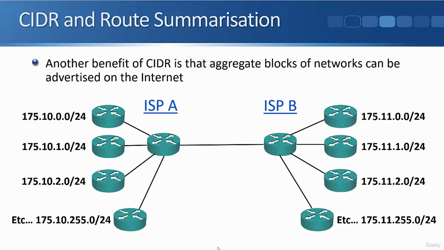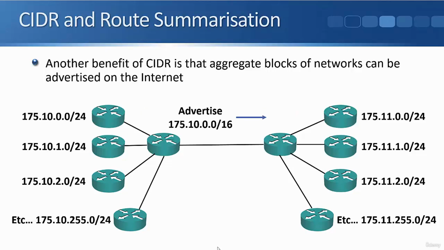Now, if we didn't have CIDR and we weren't able to do route summarization, ISP-A would advertise all 256 address blocks to ISP-B, and ISP-B would vice versa advertise all their 256 address blocks to ISP-A. But when we've got CIDR and route summarization, the two ISPs can advertise just an aggregate block.